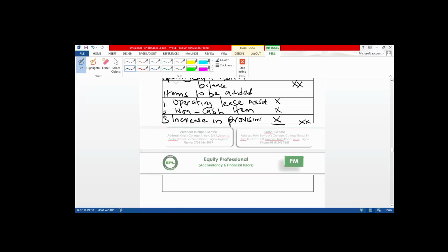Less decrease in provision. Then you are going to get adjusted capital employed.